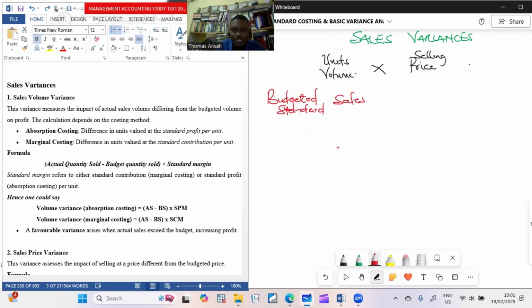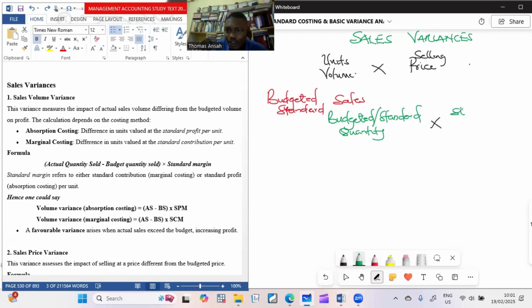So how will we get it? We will get our budgeted sales by multiplying budgeted volumes, so budgeted or standard volumes, budgeted quantity. Standard quantity is the same thing, but since we call it standard costing, I'll be limiting myself to standard. Multiply by what?